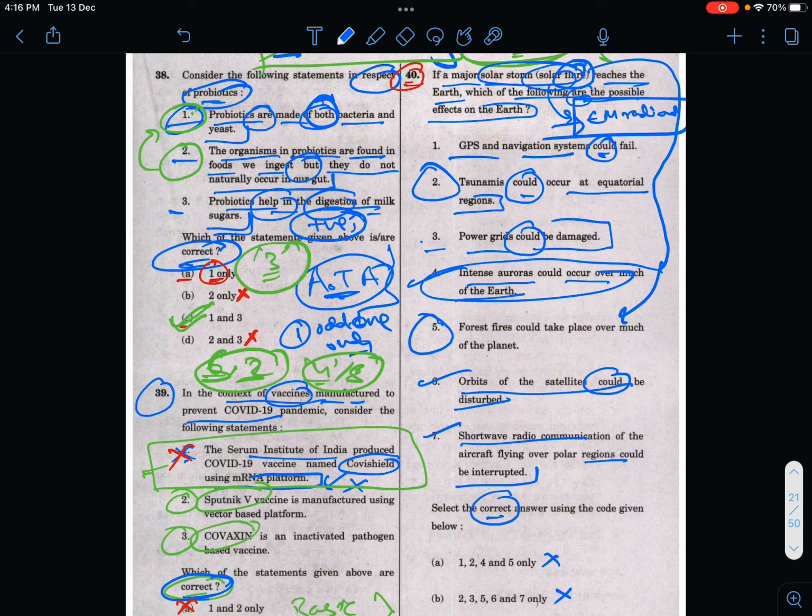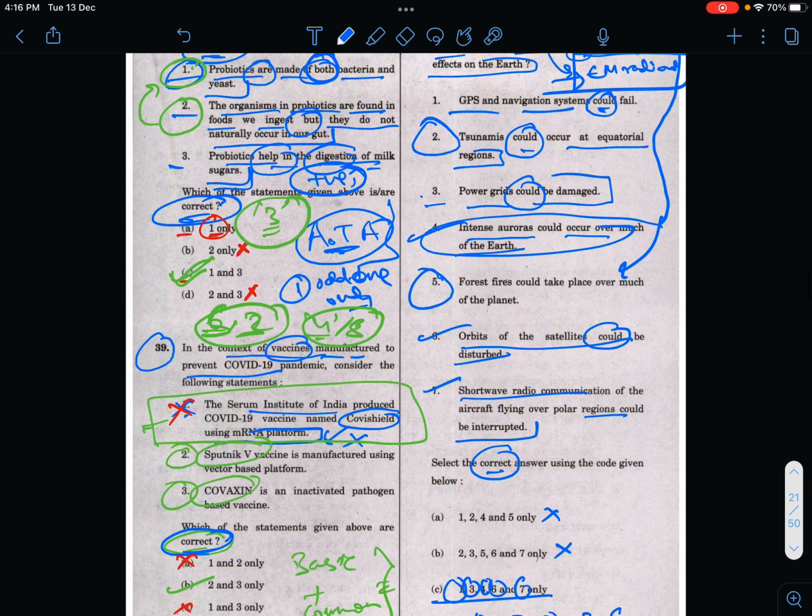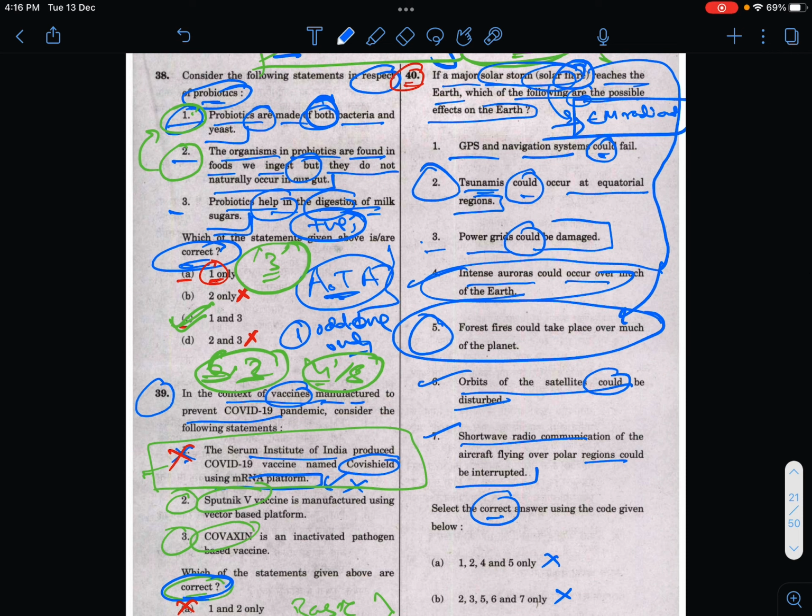And if you cannot arrive at that logical reasoning in the examination hall, you should be fairly confident that tsunamis usually occur because of an underlying movement in plates.